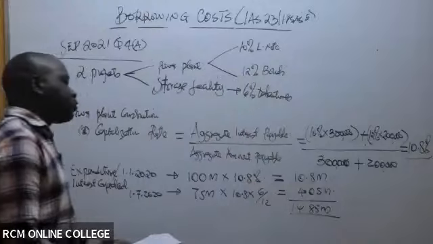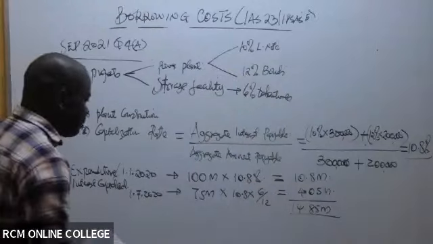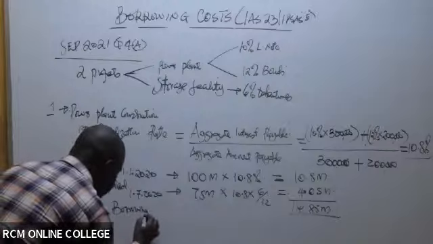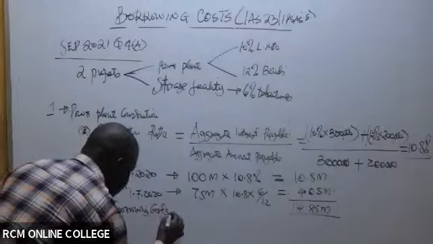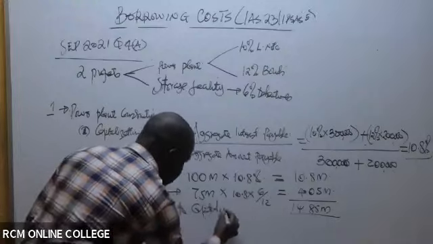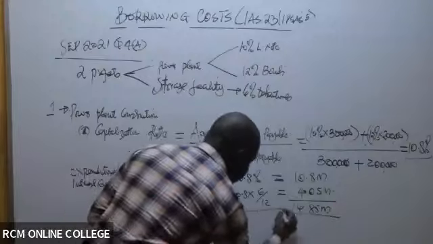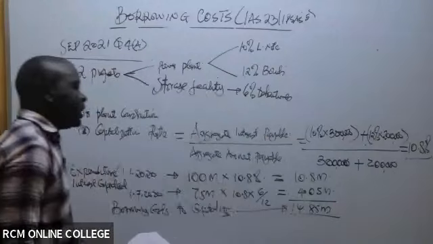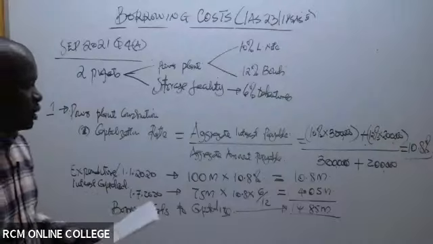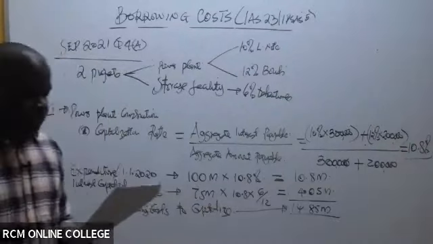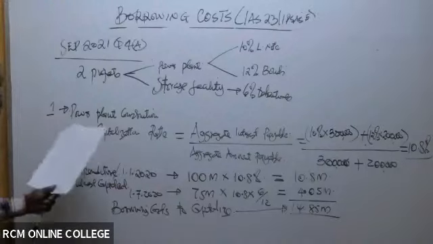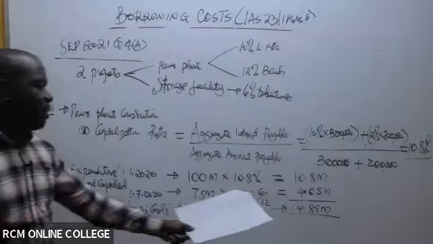So this is the borrowing cost to capitalize for the power plant: 14.85 million. That is what they require, the borrowing cost to be capitalized for each of the projects. For this particular project of the power plant, this is the amount they are supposed to capitalize.